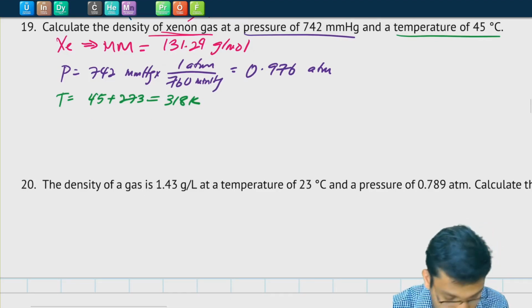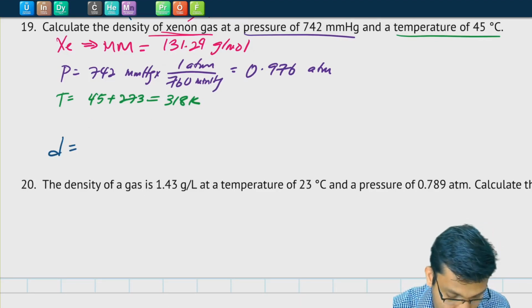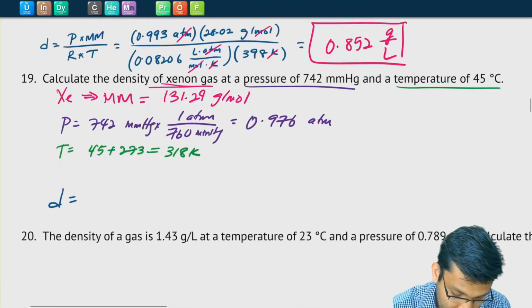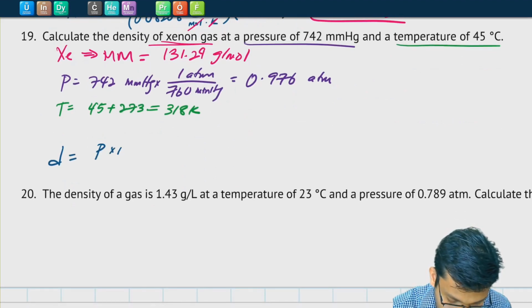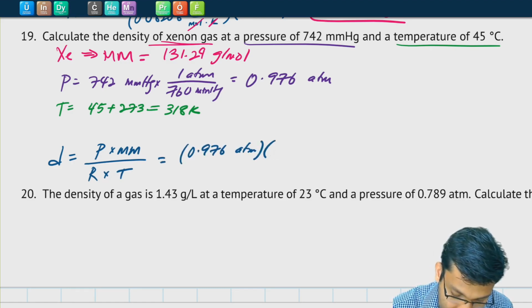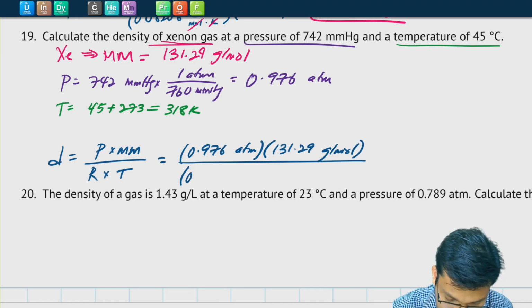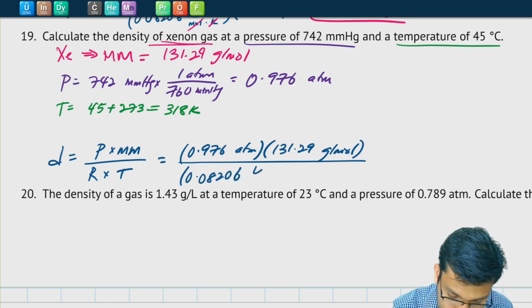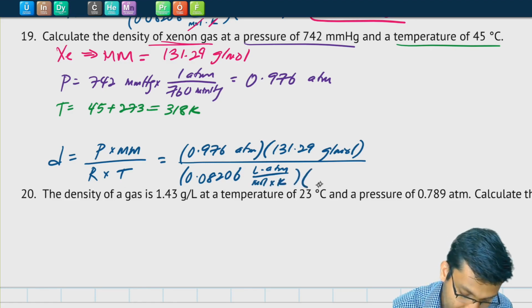Now that we have that, again, we can find the density using the same equation up here: the pressure times the molar mass divided by the ideal gas constant R times the temperature T. So we have 0.976 atmospheres times the molar mass of 131.29 grams per mole divided by R, 0.08206 liters times atmospheres divided by moles times Kelvin, times the temperature, which is 318 Kelvin.